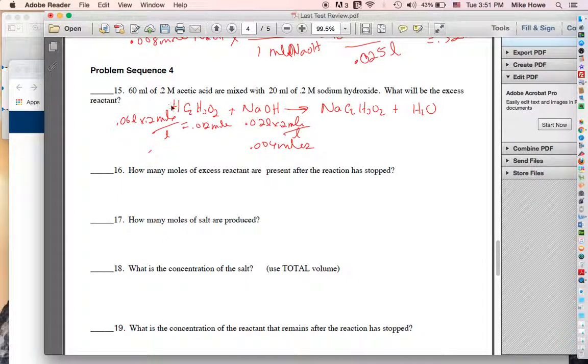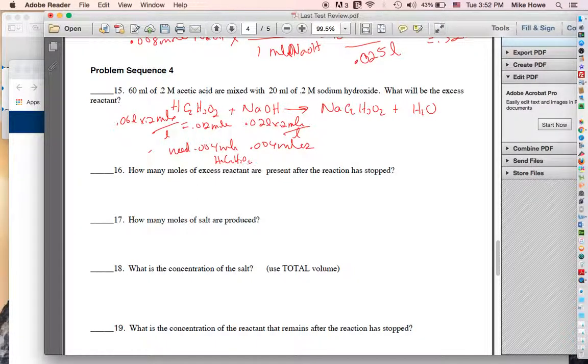Since this is a 1-to-1 mole ratio, I'm going to assume that you can realize that 0.004 is less than 0.012, and they react one of this with one of that. So therefore, in order to make this go away, I need 0.004 moles of acetic acid.